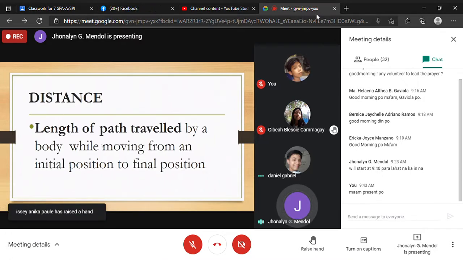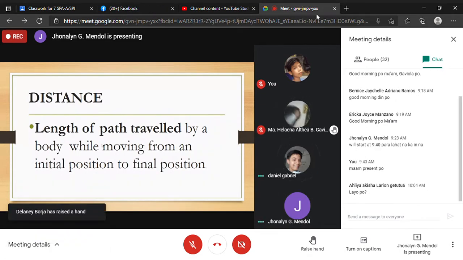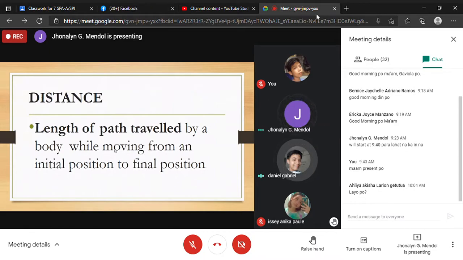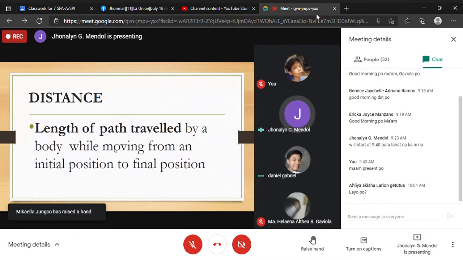Or anyone who can give me an example of distance? Yes. Distance is kung gaano kalayo. Okay, 30 meters po. Okay, an example of distance is 30 meters.